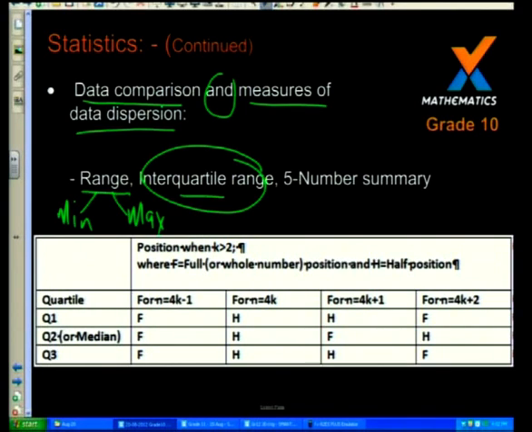Now, there you'll notice that we're still talking about the quartiles. So the quartiles that we're interested in will be the Q3 and the Q1. So when you take away the Q1 from the Q3, you get the range of the quartiles, the first quartile and the third quartile.